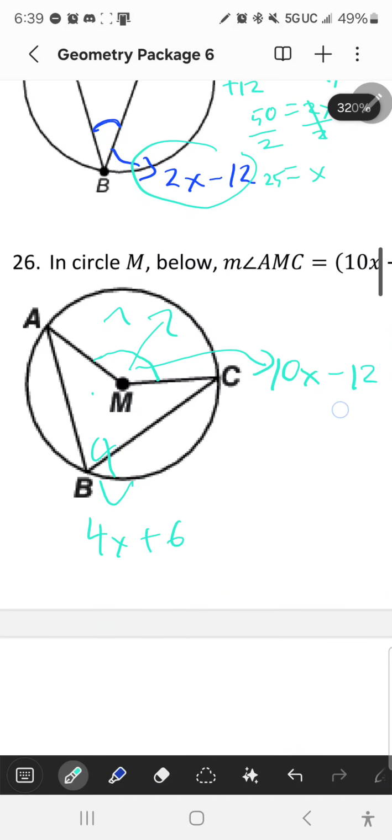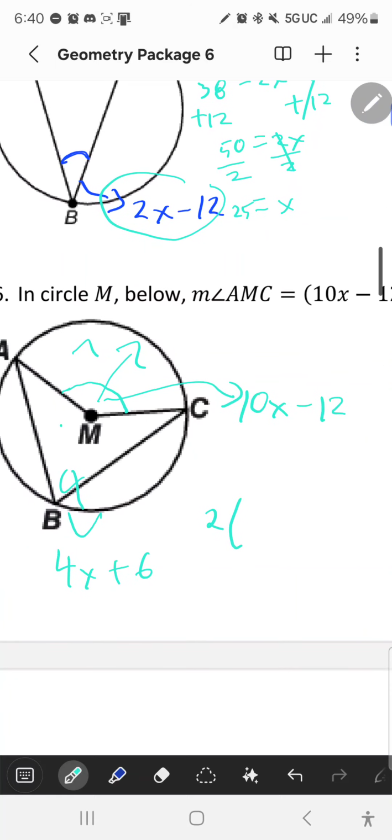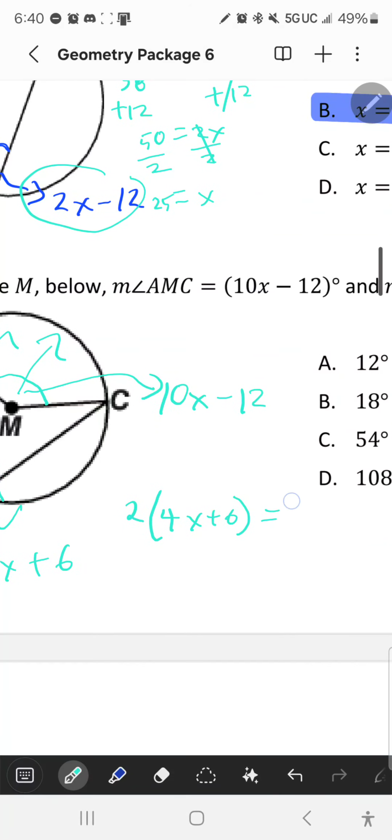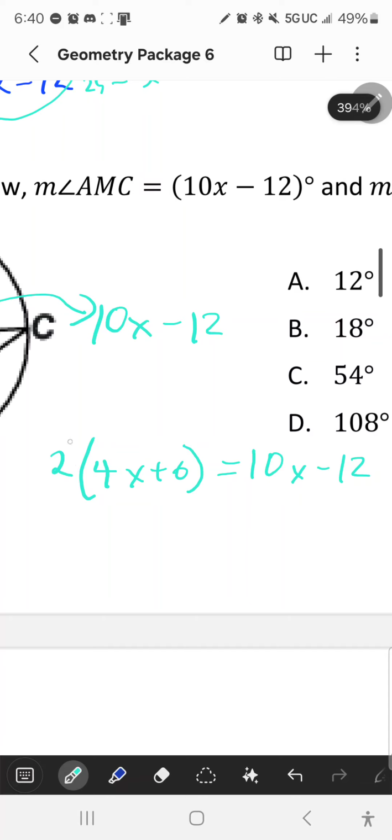So based on that, you can just say that twice angle B, which is 4x plus 6, is going to be equal to angle M, which is 10x minus 12. So I can multiply: 2 times 4x gives 8x, 2 times 6 is 12.